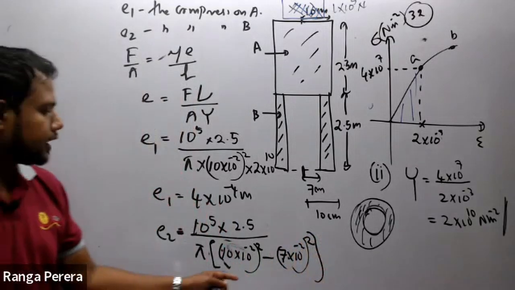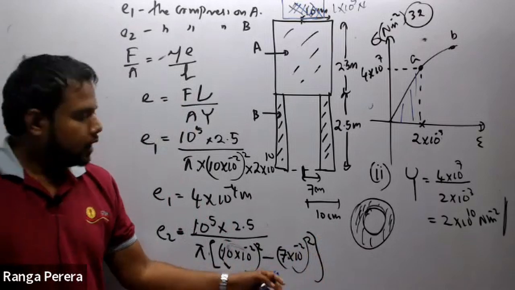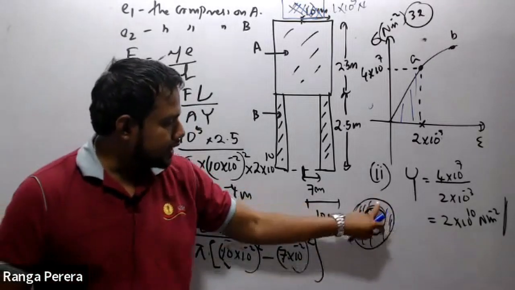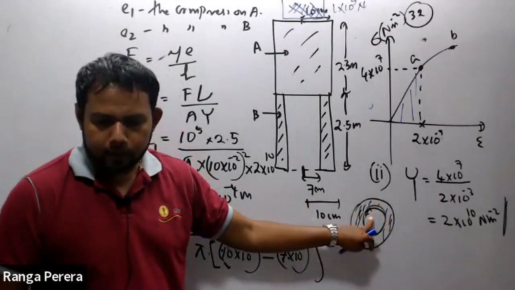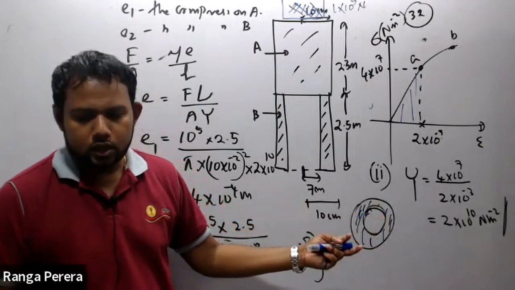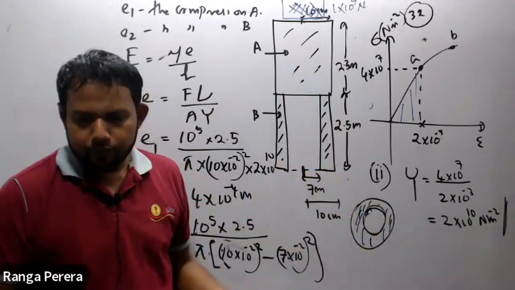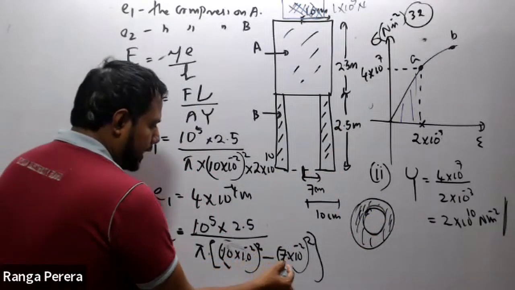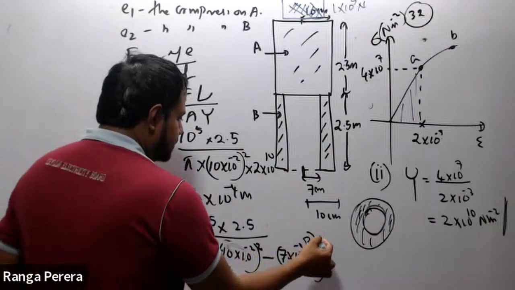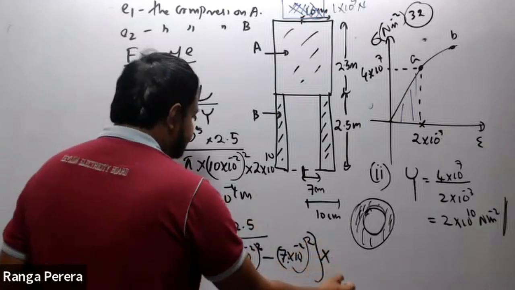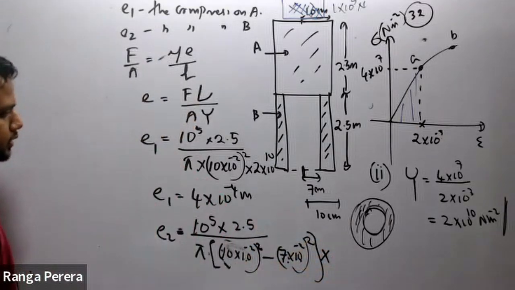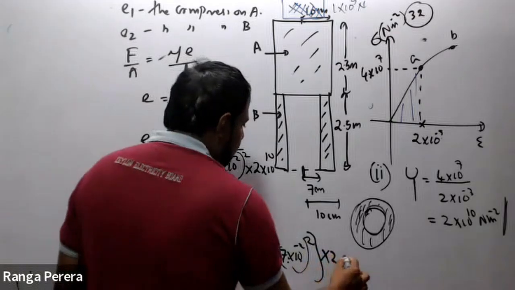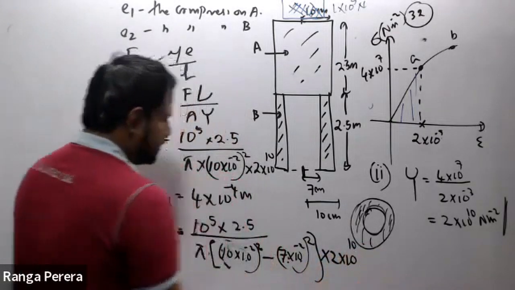I take the difference of those two, because I should consider the cross section area. Internally, we have a hollow part, a cavity. We have to remove it. It's a hollow cylinder, not a solid cylinder. Then multiply by the Young's modulus, 2 times 10 to the power 10.